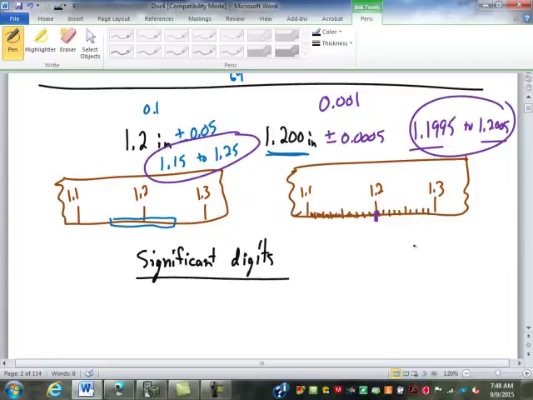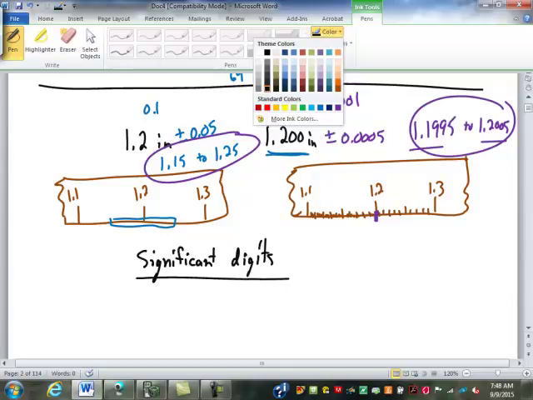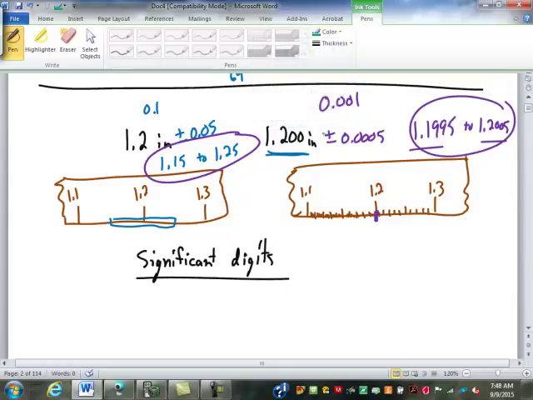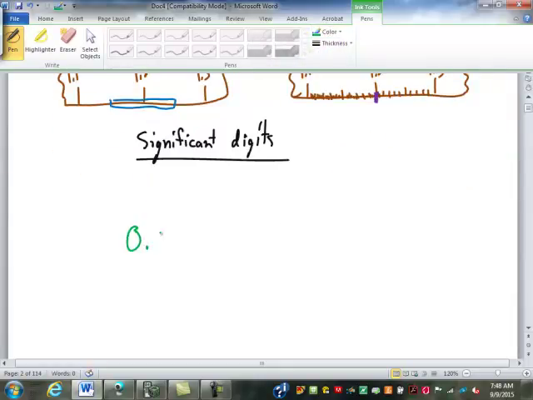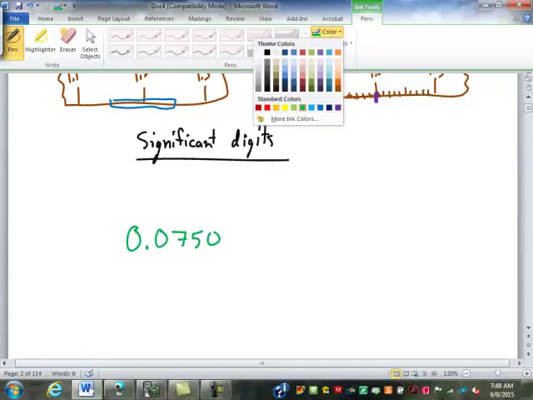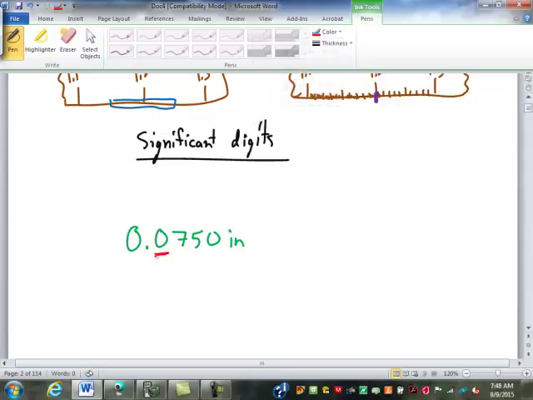All the digits are important, but significant means they are significant to the measurement. They mean something to the measurement. For example, if this is inches, in this measurement, this 0 right here, is it important? That's very important. Without that 0, it changes the whole meaning of the 7 and the 5, doesn't it?